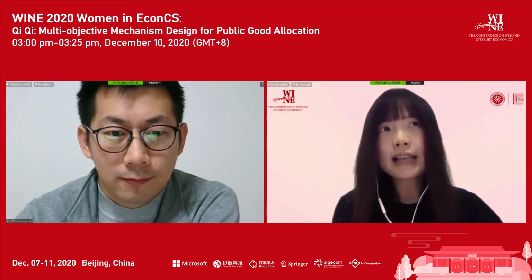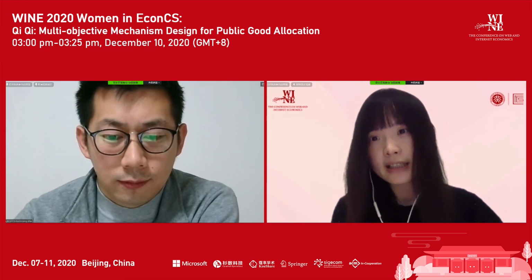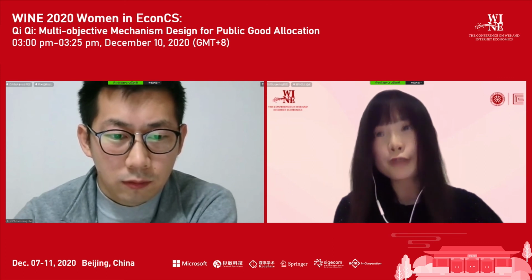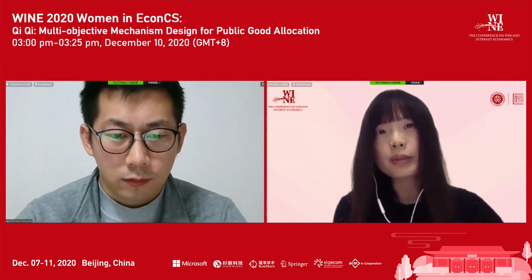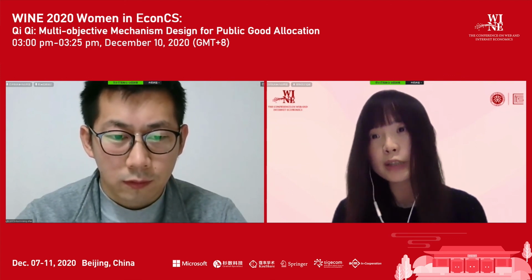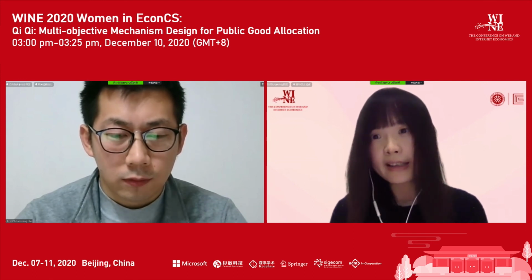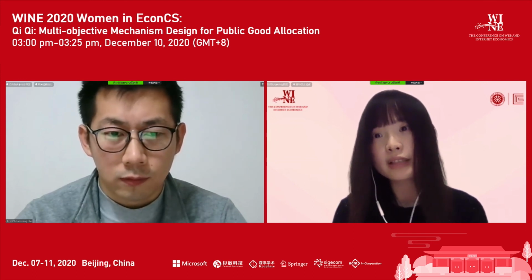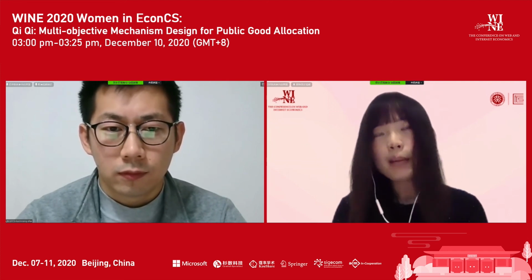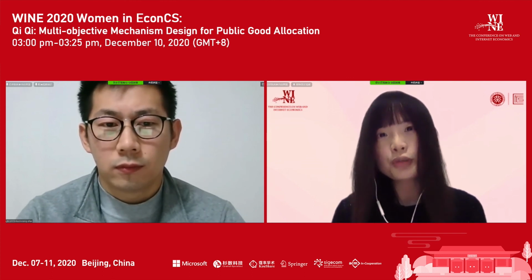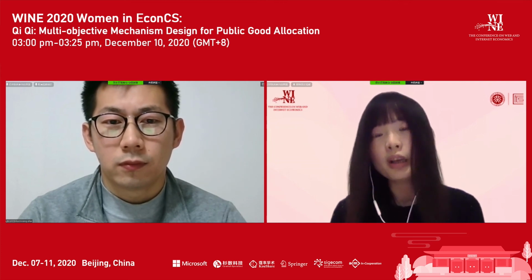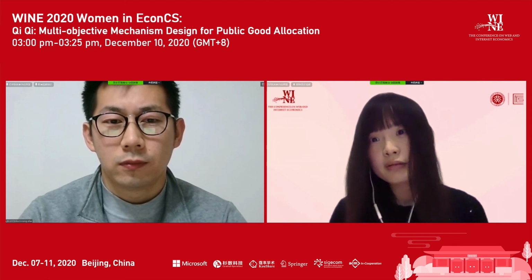When the deferral number is infinite, it is equivalent to a kind of lottery, and when the deferral number is equal to 0, it is equivalent to another kind of lottery, because we have two lotteries: one single lottery, and one repeated, where everyone can repeatedly participate. So the two endpoints are equivalent to different lotteries. But for the middle part, if we choose a deferral number, for example 1, 2, 3, then it is not equivalent to a lottery. So that means the waitlist is actually more general.